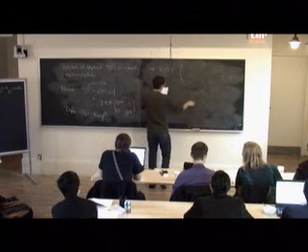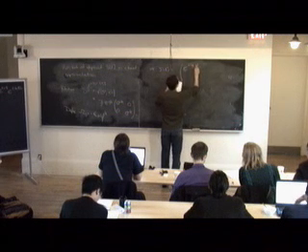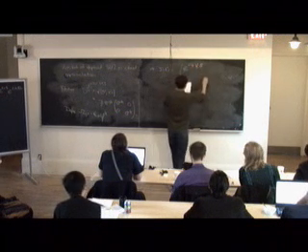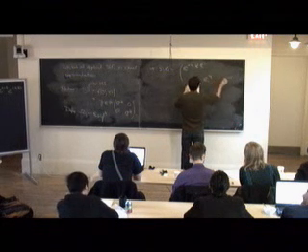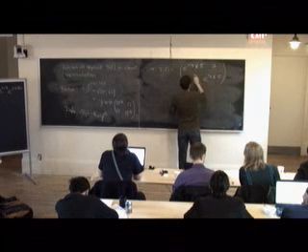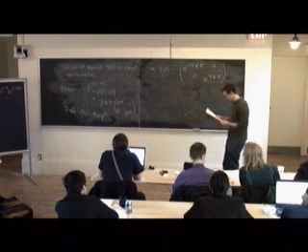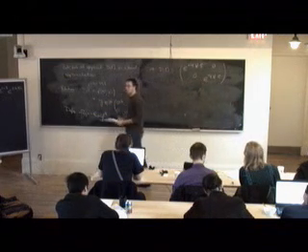So now we just plug it into this formula, and what we get, plus i over 2, is the following matrix. Okay.